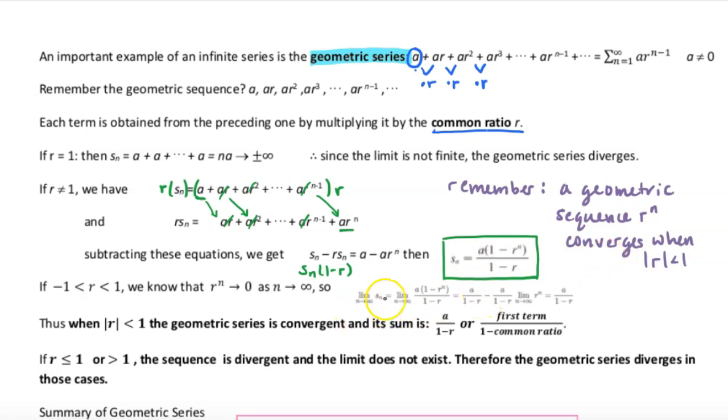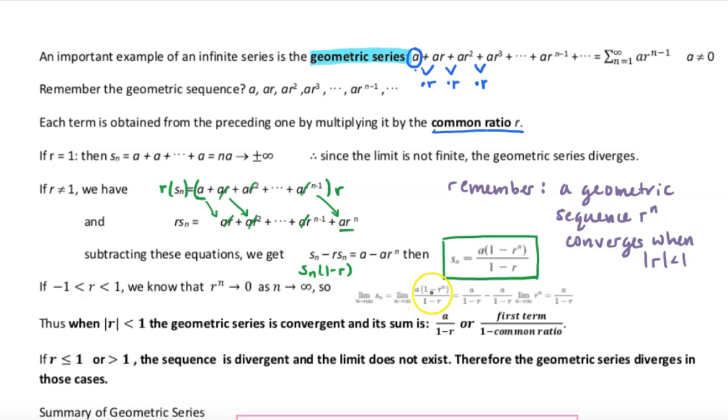And so let's look at the limit of this series now when n approaches infinity. And when n approaches infinity, I am left with this r to the power of n. We said that we're dealing with the situation where r is between -1 and 1, not inclusive. So this term is going to go to 0.